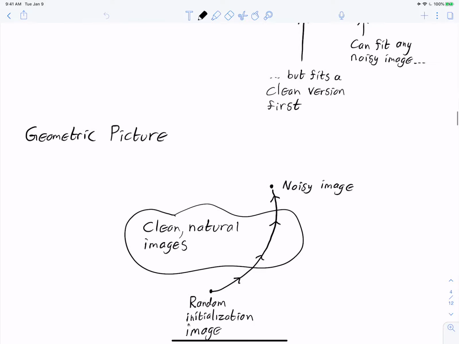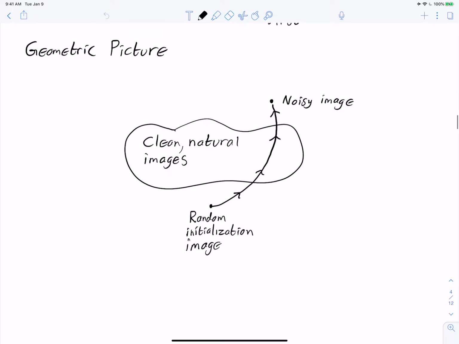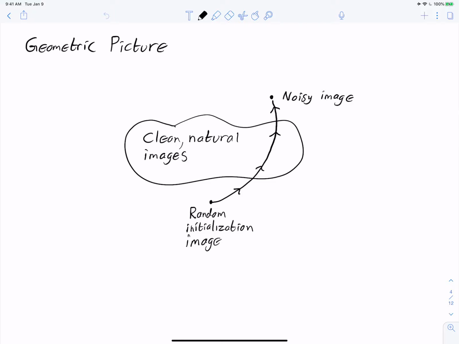So the geometric picture of what's going on with the deep image prior is as follows. We have some noisy image which we're trying to recover. There's some set of clean natural images that exist, and then there's going to be some initialization that was random, where there's an image that's the output of a purely random neural network, and that's not going to be a clean natural image.